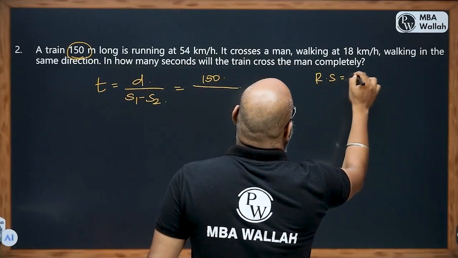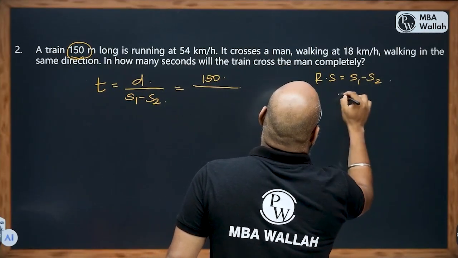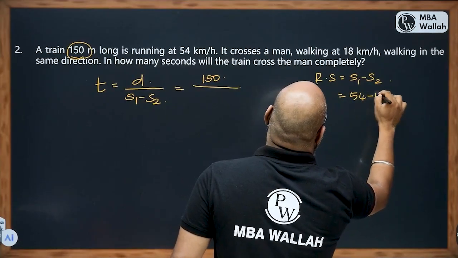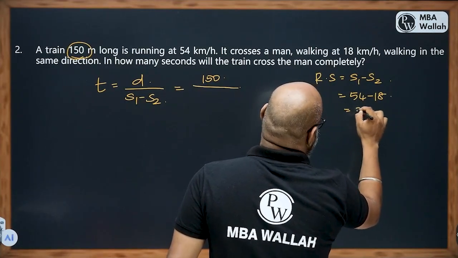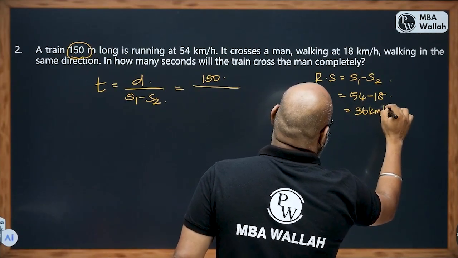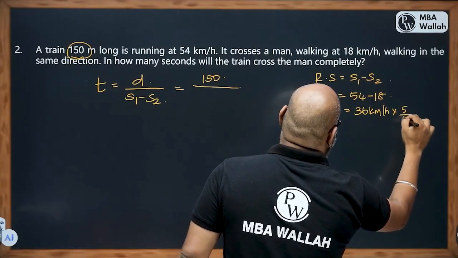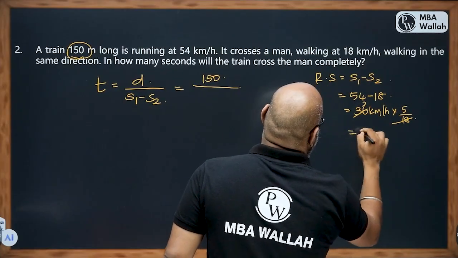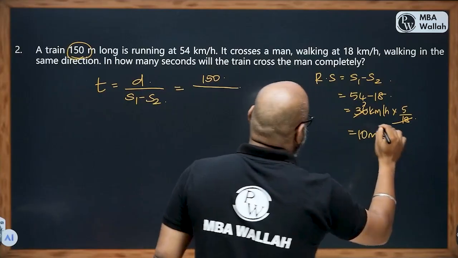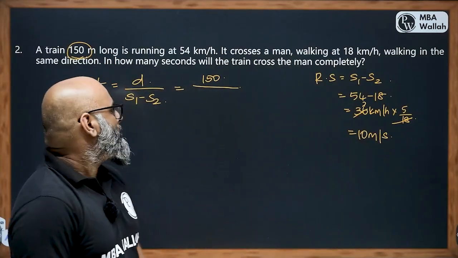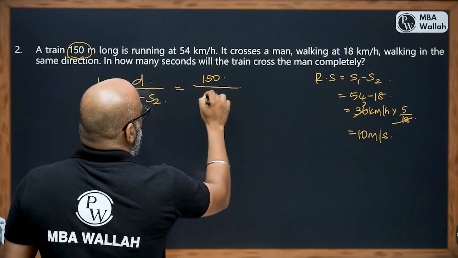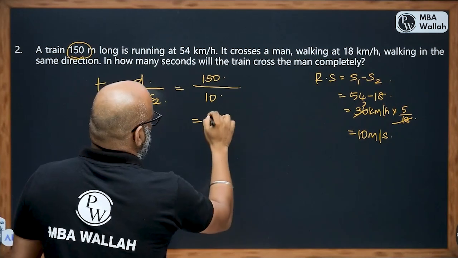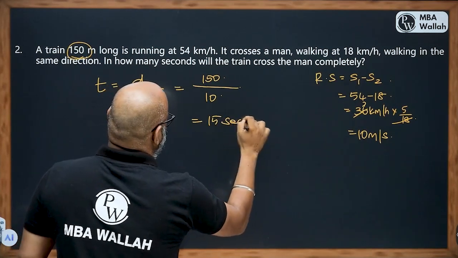Relative speed is equal to s1 minus s2. That's going to be 54 minus 18. That's 36 kilometers per hour into 5 by 18, which is 10 meters per second. So if it is 10 meters per second, the time taken would be 150 divided by 10. It will be 15 seconds.